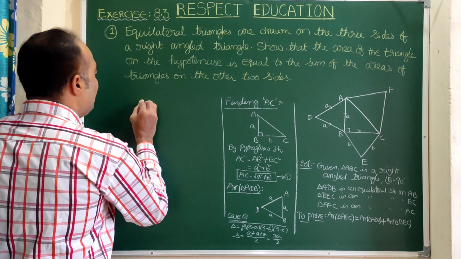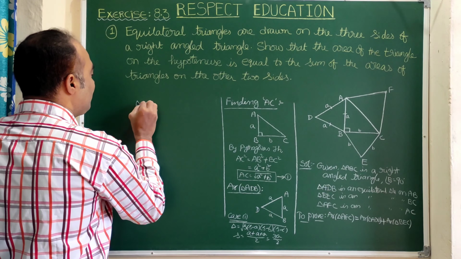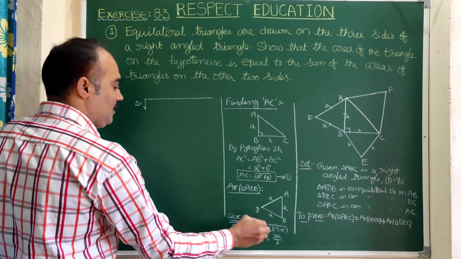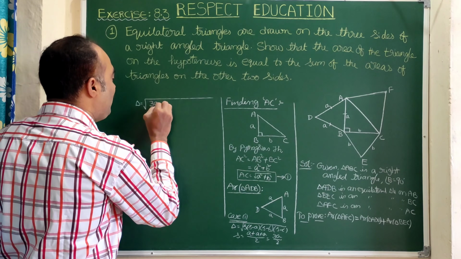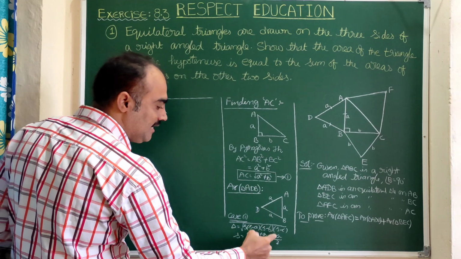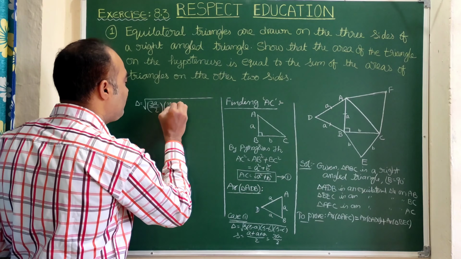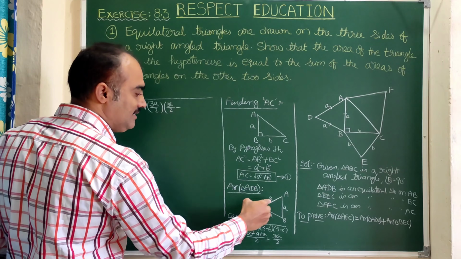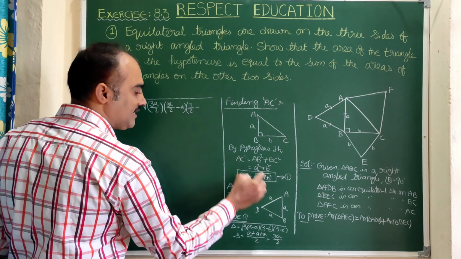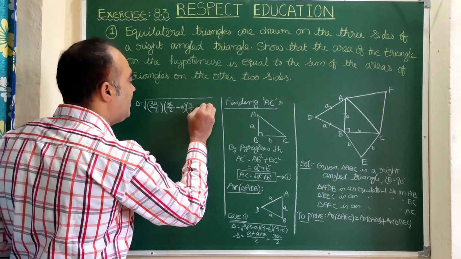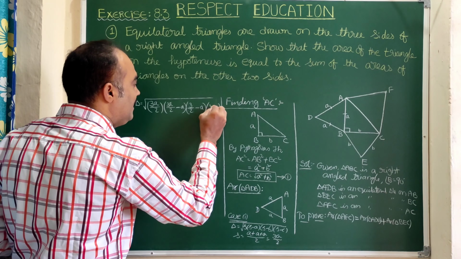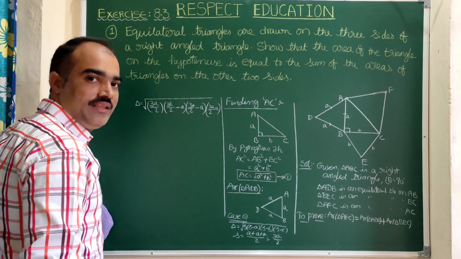Here area is under root S into S minus A, that is first side, into S minus B, that is second side, which in this case is also A, into S minus C, that is also A.